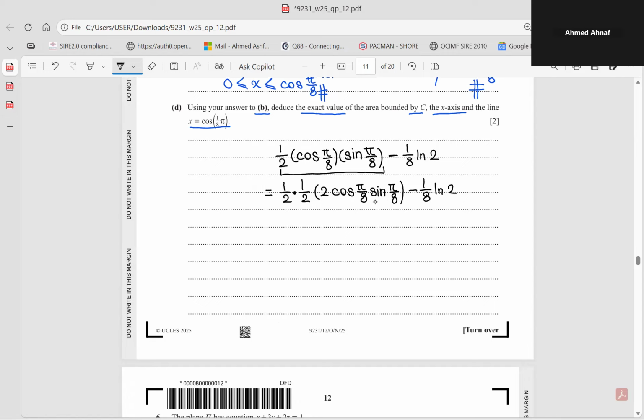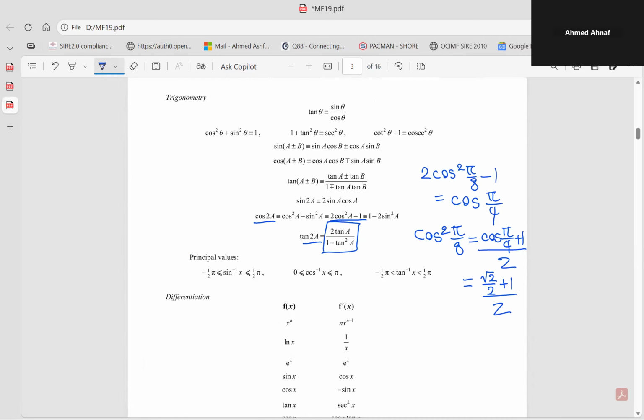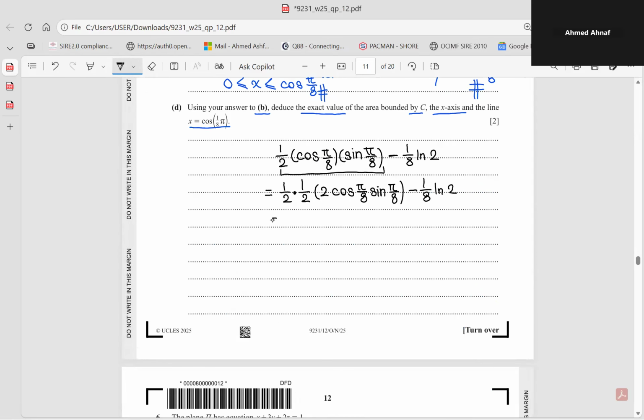So this is in the form of 2 cos theta sine theta. You can see that sine 2a equals 2 sine a cosine a. So this is 1 over 4 sine 2 times pi over 8, minus 1 over 8 ln 2.